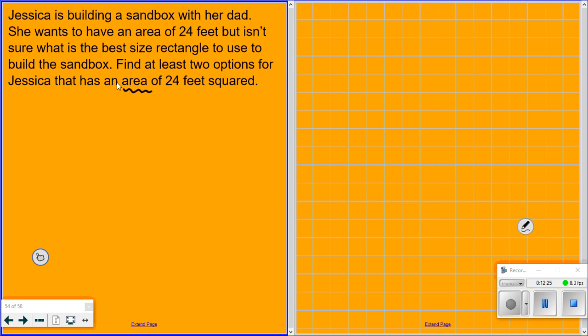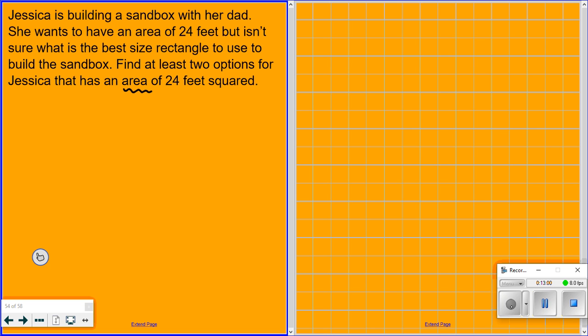When you're ready, use those graph paper scraps and see if you can figure out a way to make a rectangle that has 24 squares on the inside, an area of 24. All right, what are some shapes, some dimensions that you figured out?